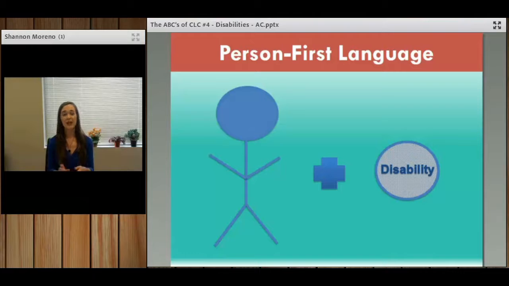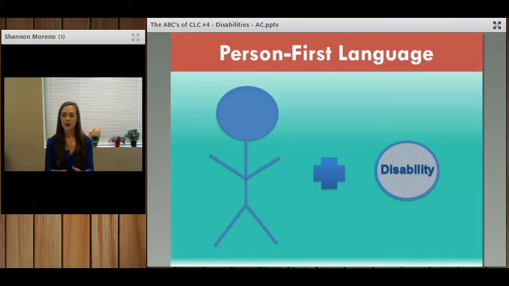And so you can see with my cute little stick figure here that, yes, I did make. I'm very proud of that. I'm just kidding. This way of describing folks addresses the individual first, and then it lists whatever disability that person is living with.